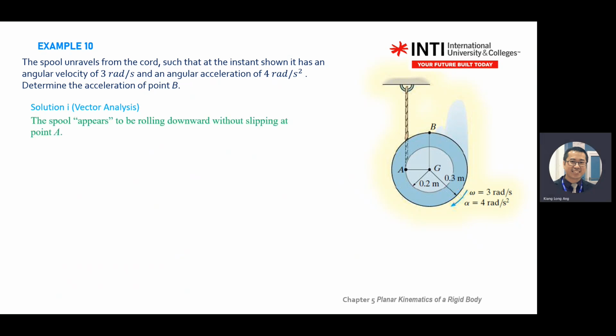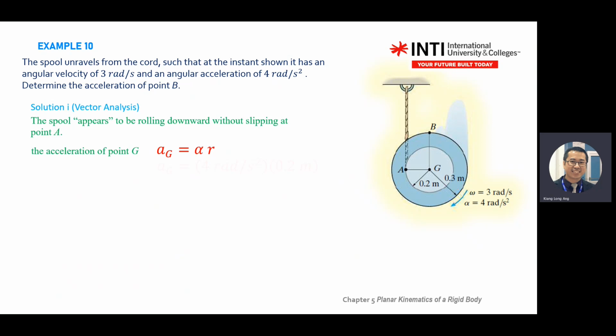We use vector. So if this one rotates this way, the first step is you find the acceleration first. You convert acceleration with alpha r. So alpha r is given here.